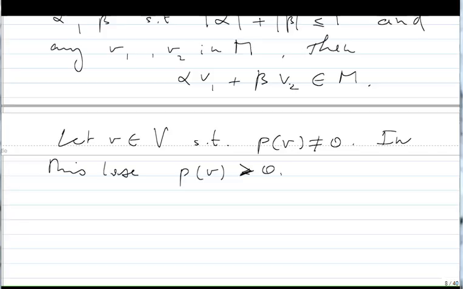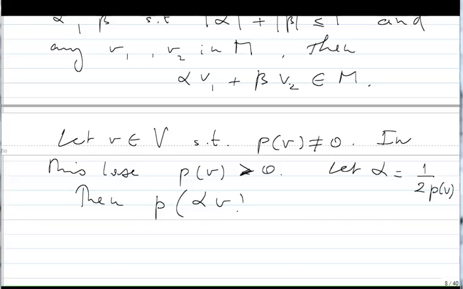Let alpha equal 1 over 2 times Pv. Then P of alpha v is equal to the absolute value of alpha P of v from property number 2, the homogeneity of the seminorm, which is exactly 1/2, less than 1. So alpha v belongs to M.